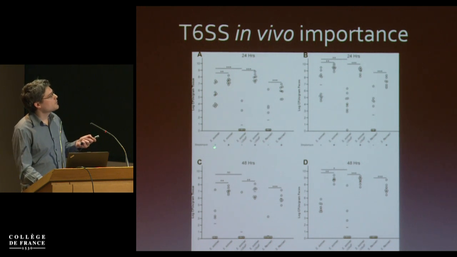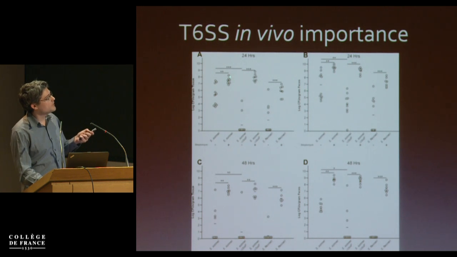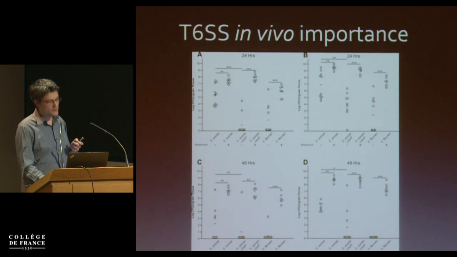If we infect mice with just Shigella sonnei, in the tissue, we see after 24 hours around 5 logs of CFUs. If instead we infect with the type 6 mutant, we see very few CFUs in the tissue after 24 hours. And if we pre-treat the mice with streptomycin to lower the microbiota, we now see much higher CFUs in the tissue, and we no longer have a phenotype with the type 6 system.